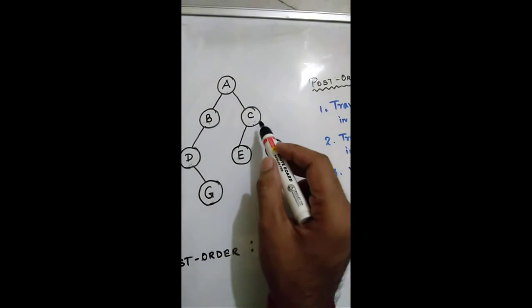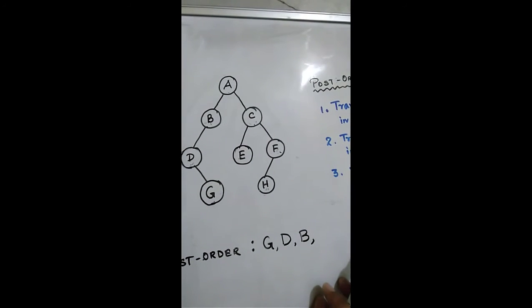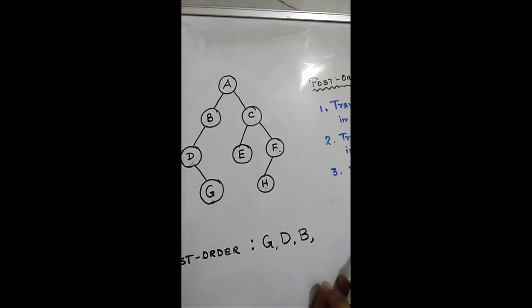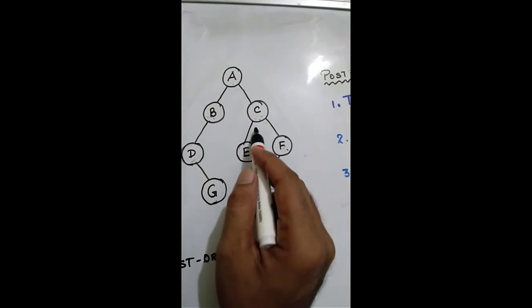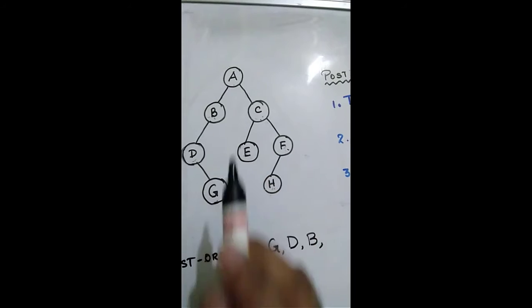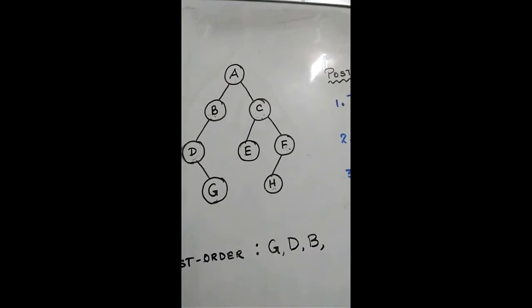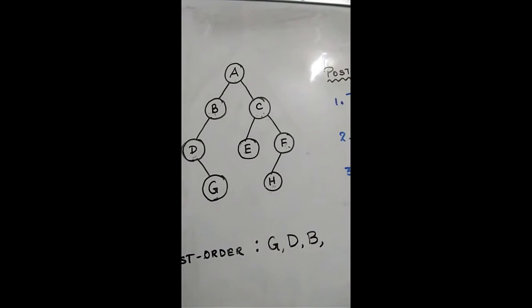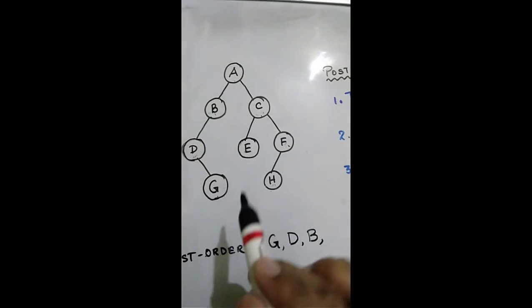Obviously we will move towards the left, because in post order first we have to traverse the left subtree, then the right subtree, then the root.